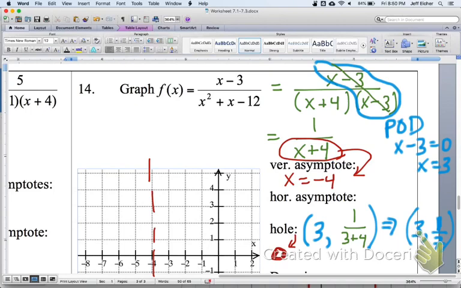Horizontal asymptote will be at y equals 0. And this graph should look like a typical graph, like from the little box here. We go right 1, up 1, so just thinking of plugging numbers into this, and that tells you how much it shifts from the little blue box.